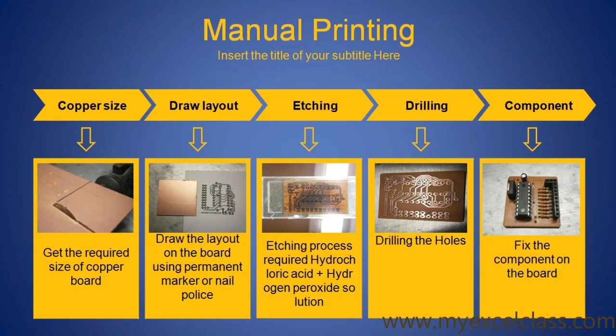You see here, these all are the components. All components are through-hole components, not surface-mounted components. These all are through-hole components. You see here is the IC, like the ATmega IC.